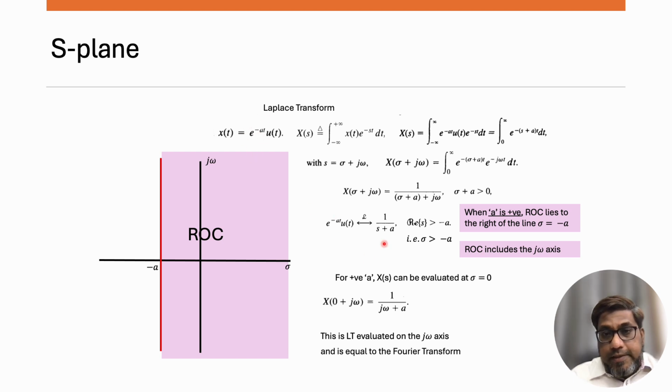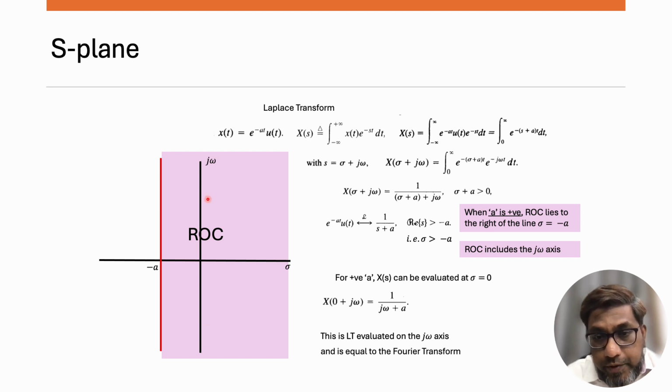So in this case, the expression is the same, 1 by s plus a, and sigma greater than minus a is the region of convergence. Because a is positive, minus a lies to the left of the origin, and this line here is on the left hand side of the y-axis, or the j omega axis.